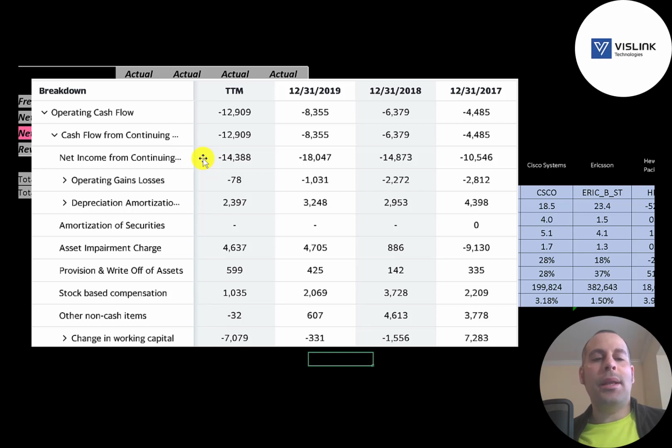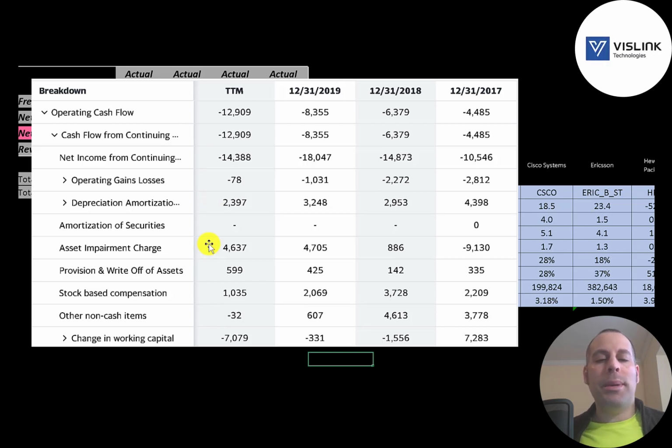And the way you calculate operating cash flow, you start with net income, then you have to add or subtract the non-cash items on the income statement. You have to add 2.4 million of depreciation. That's a non-cash expense that brings down your net income. They also had a $4.5 million asset impairment.